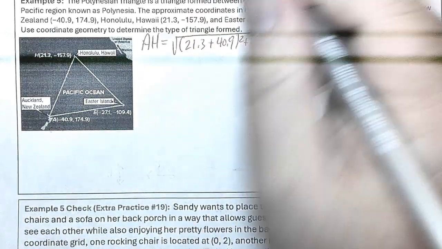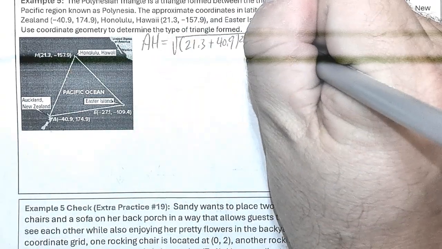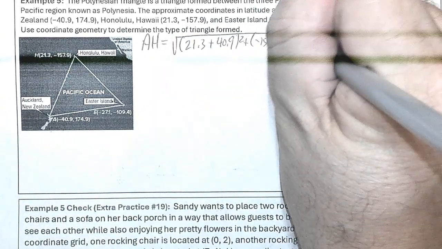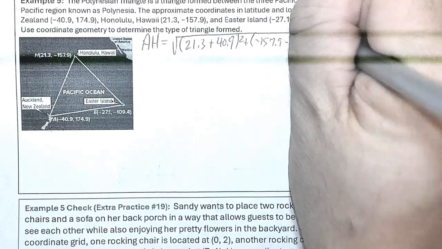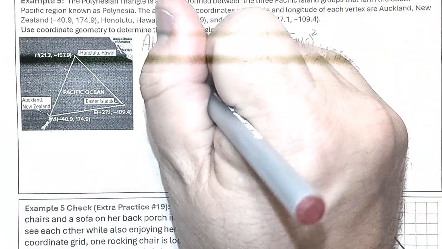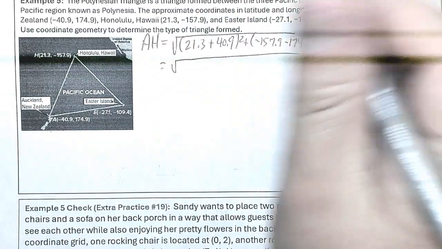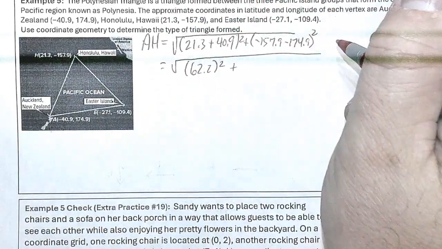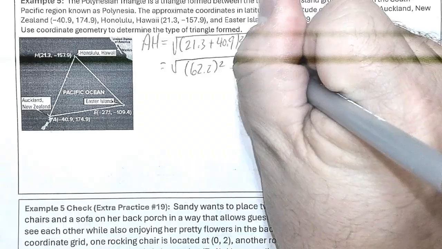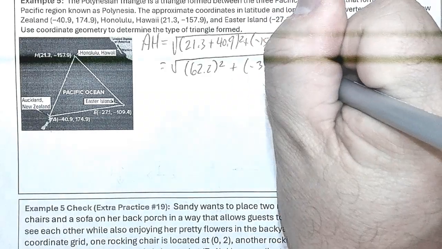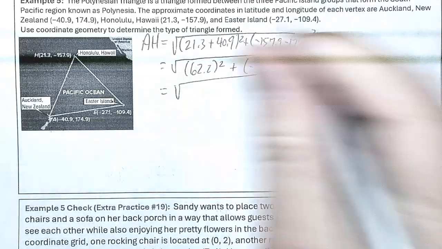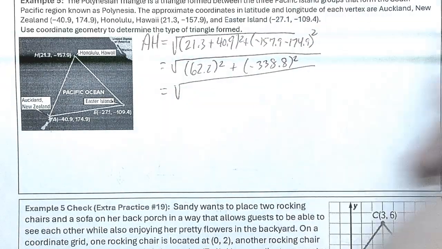Then the y's, negative 157.9 minus 174.9. Of course, these are squared. You got to trust me on the math. So the left side gives us 62.2. We're going to square that. The right side gives us negative 338.8. We're going to square that. And of course, the negative is going to turn positive.